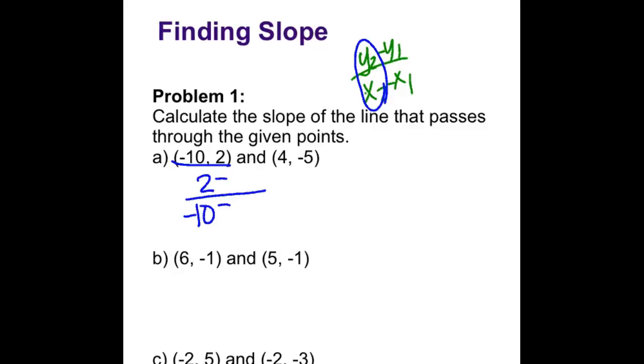I'm going to subtract the other y value, which is -5, and the other x value, which is just a 4. And now I just start simplifying the expression, and I get 7 over -14. Now, if you leave that, it will be marked wrong. Reduce, simplify, put your answer in lowest terms, and we end up with -1/2.